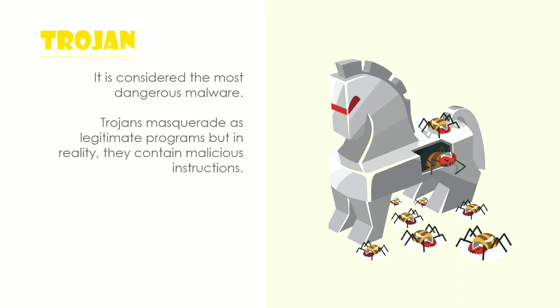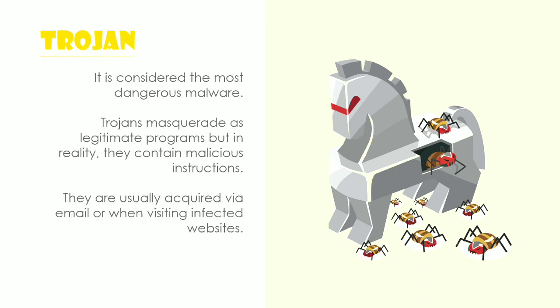Just like the Trojan horse in the story of the Trojan War, a Trojan malware masquerades itself as a legitimate program, but in reality, it can contain malicious software or instructions. They are computer programs that trick users into willingly running the software. They are usually acquired through email or when you visit infected websites.